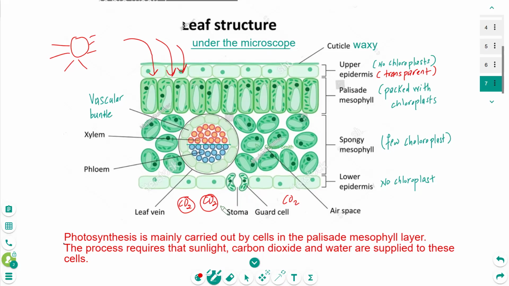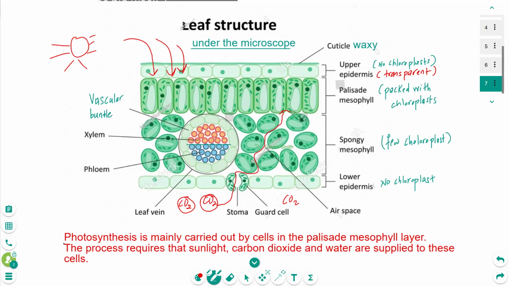The carbon dioxide molecules in the atmosphere can come up through the pore and just keep going through the air spaces until they get to the palisade mesophyll cells. So the carbon dioxide is not hard for the palisade mesophyll cells to get either. They get that through the pores in the lower epidermis.